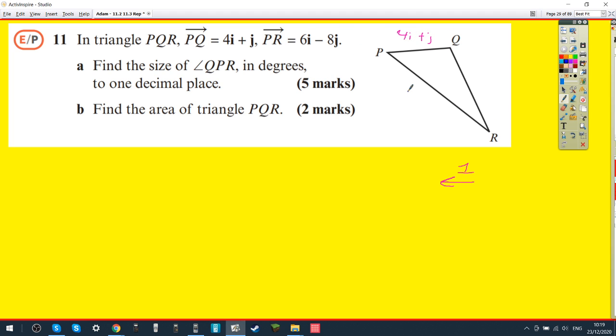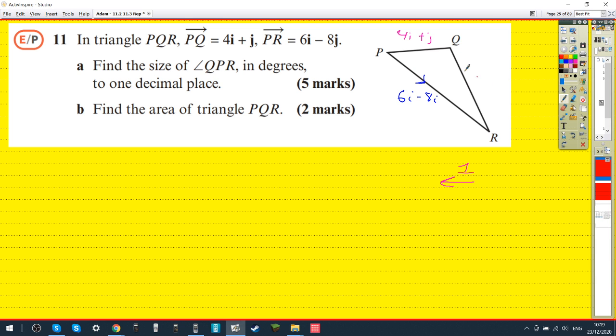P to R, you would use Pythagoras for that. What would be the next step? You'd need to add the two together to get Q to R.